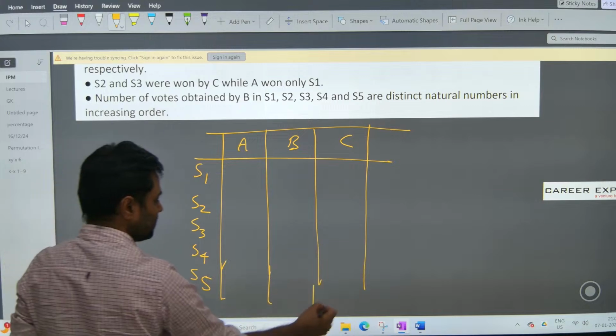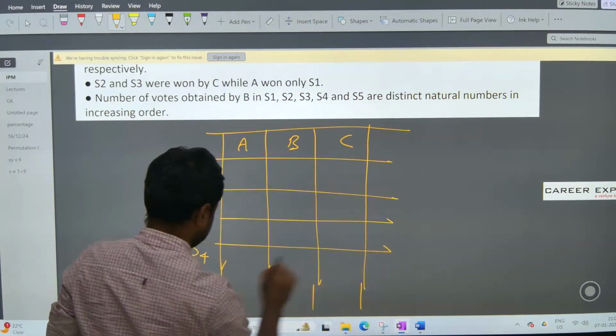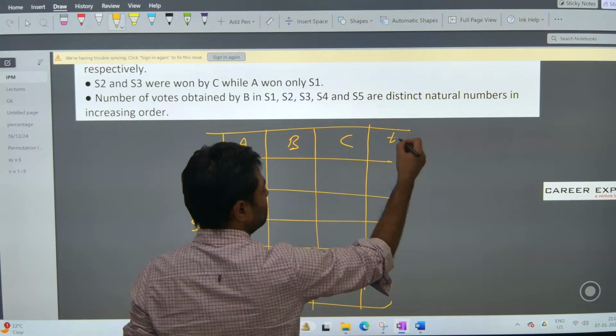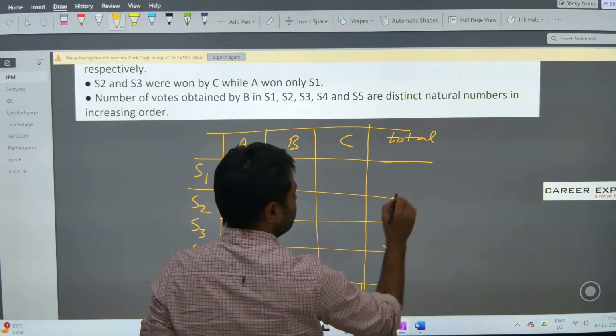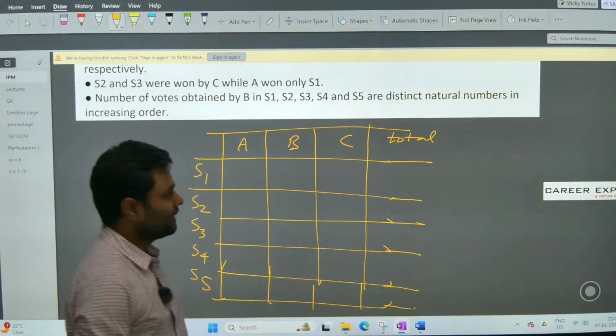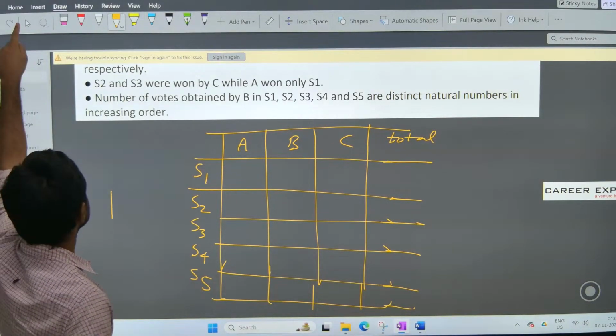So we have this table. We will also put a total here because we are given total number of votes obtained by these parties. So that is also given. So that total should also be here.